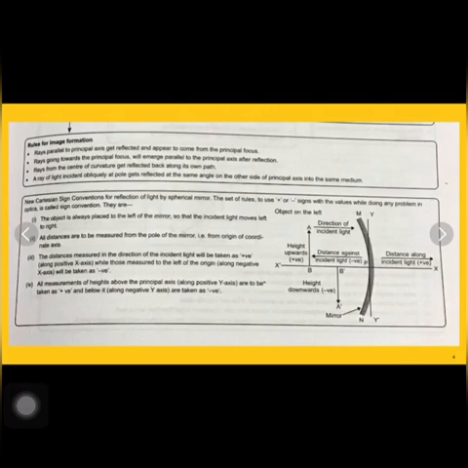All the distances on the left side of the mirror will be taken as negative, and all the distances on the right hand side of the mirror will be taken as positive.